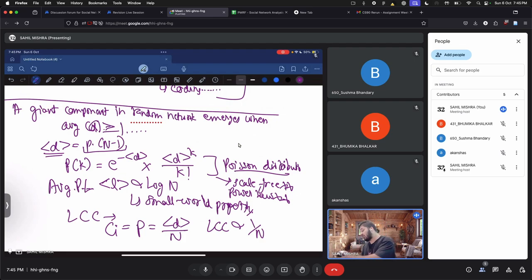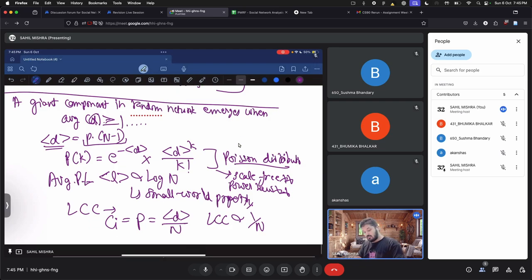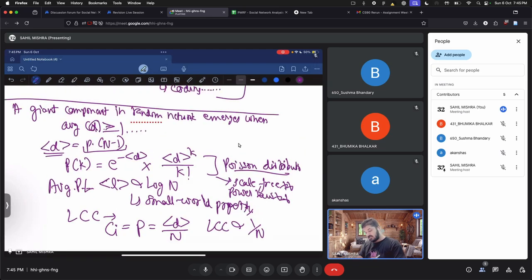But what does the high local clustering property say? That a high local clustering coefficient depends on the degree of the network. It does not depend on degree, it depends on the size. So it follows just one property, this small world property. It does not follow this property and this property.